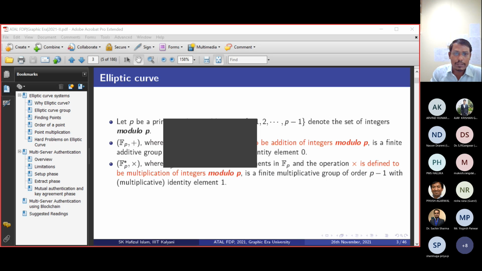For any three elements, A times (B plus C) will be equal to AB plus AC. Similarly, (B plus C) times A becomes B times A plus C times A. So all these five properties plus these two properties will be satisfied by this algebraic structure that is called a field.